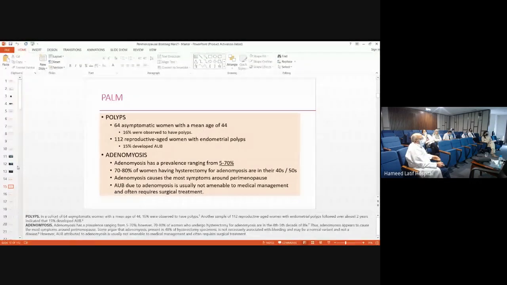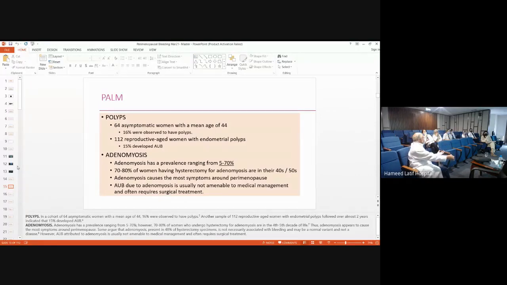Now 70 to 80% of women having hysterectomy have it, because the 40s and 50s are the age when there is maximum incidence of adenomyosis. AUB due to adenomyosis is usually not amenable to medical management.